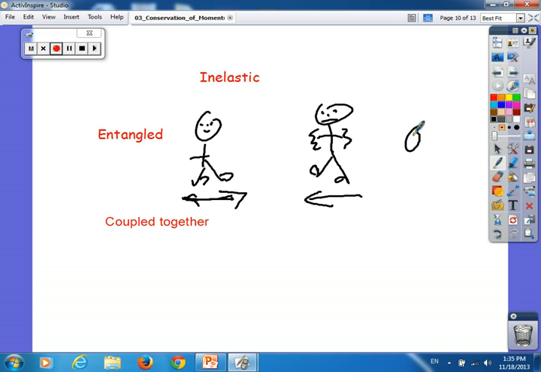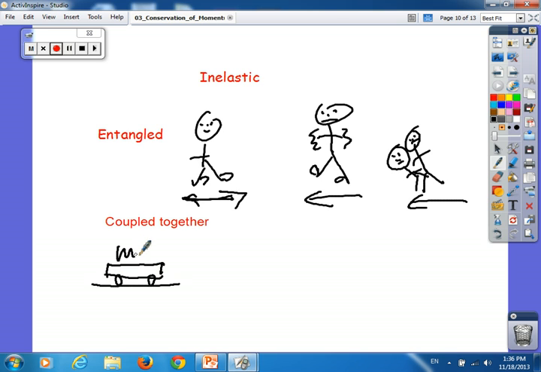If they're going that way, because I made this guy a little bit bigger, they get entangled together and both go the same direction, coupled together.